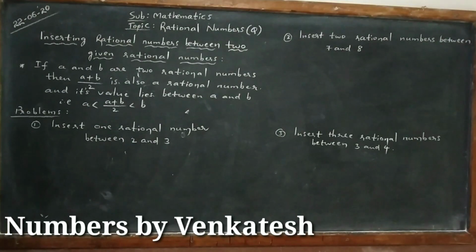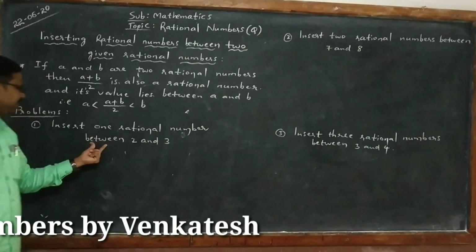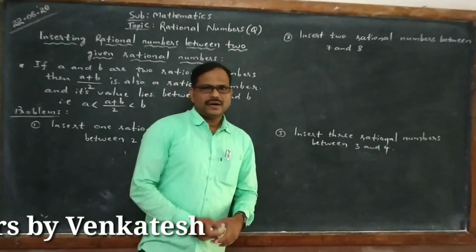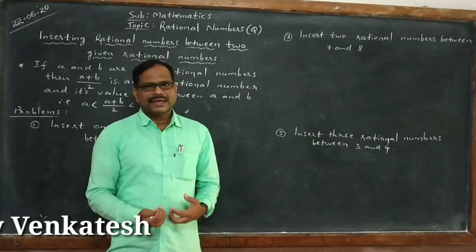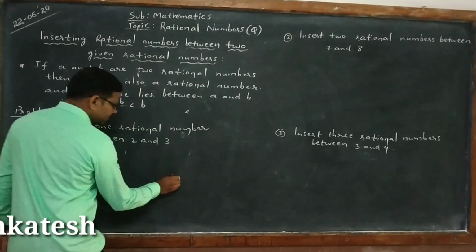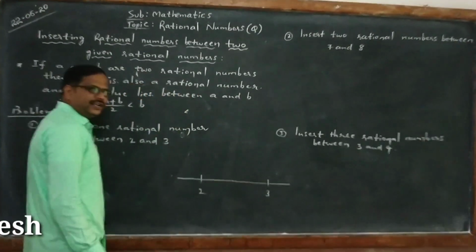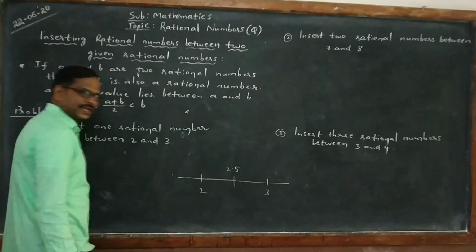For example, you see the question, insert one rational number between 2 and 3. In fact, between two rational numbers, there exist infinite rational numbers. For example, consider 2 and 3. Between 2 and 3, we have 2.5.